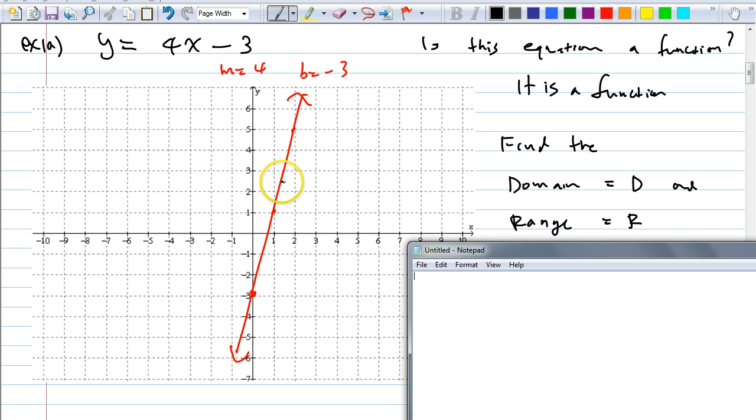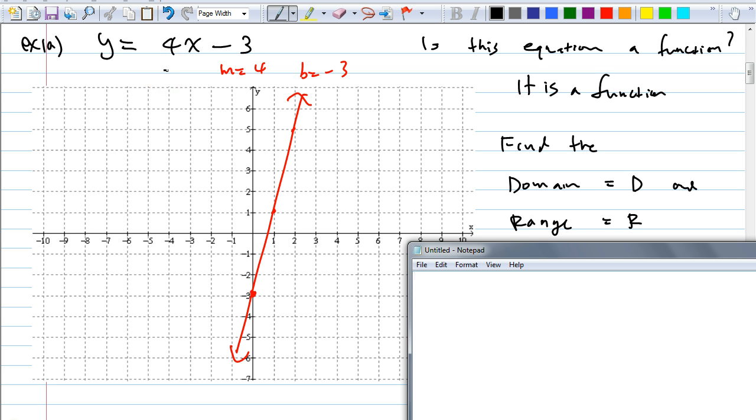What about like 10? Would that be part of my domain? Yeah, this is going to extend forever. It's going to be 10 point something. I could actually tell you what it is. It'll be 37, right? If you plug in x equals 10, don't you get a y value? What about negative 10? Is that part of my domain?